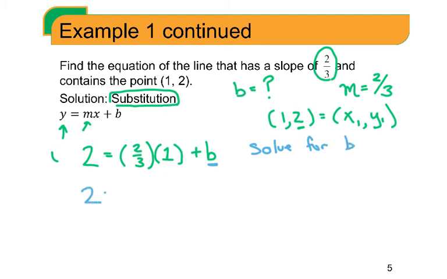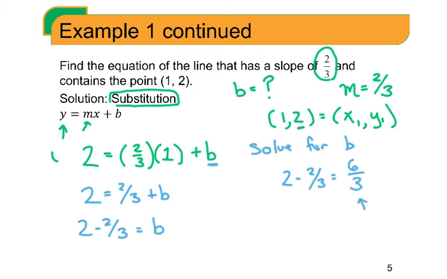So 2 equals 2/3 plus b. So 2 minus 2/3 equals b. So what is 2 minus 2/3? Well, we got to get a common denominator. That would be 6/3. That's equivalent to the number 2, right? Minus 2/3 equals 4/3. So now I know b equals 4/3.